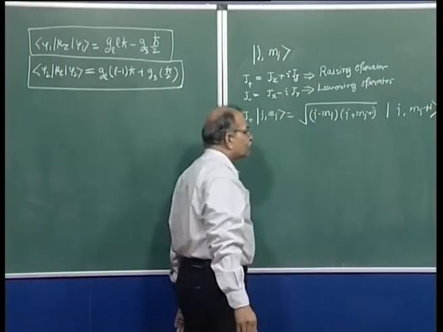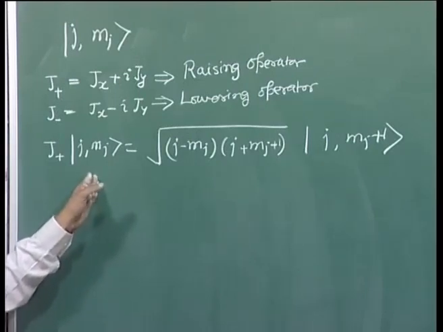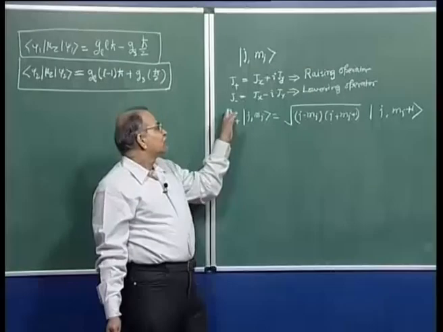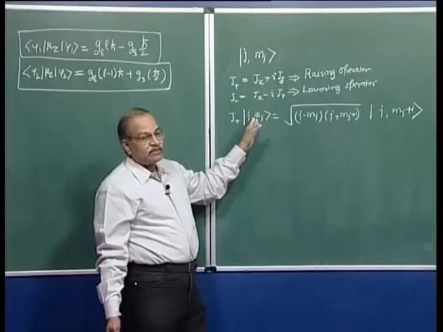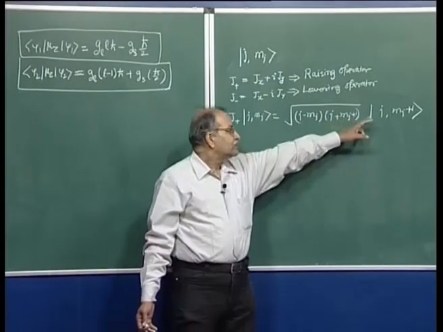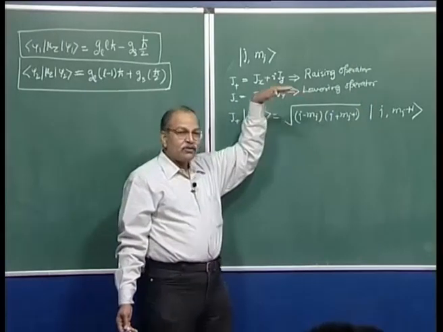Very good. So the value of mj is raised by 1 unit, that is why it is called J plus. Similarly, if you operate J minus on this, you get a constant here, and then |j, mj minus 1>. So that is why it is called a lowering operator.